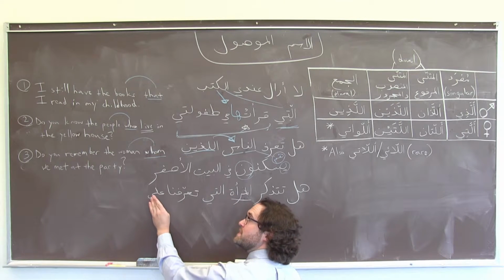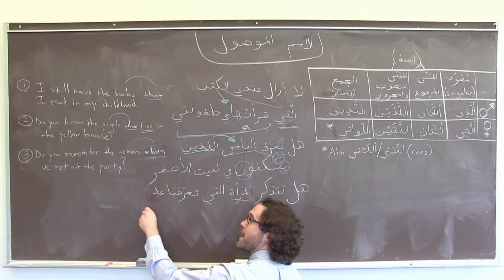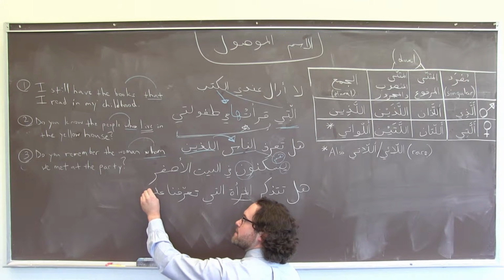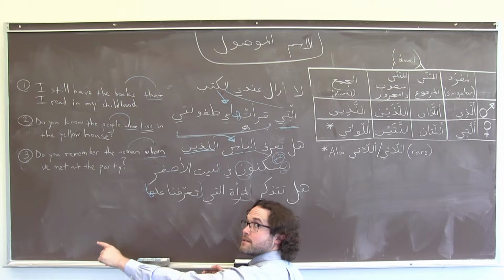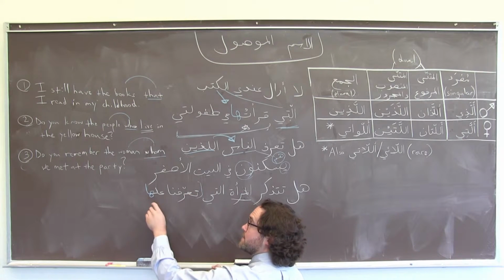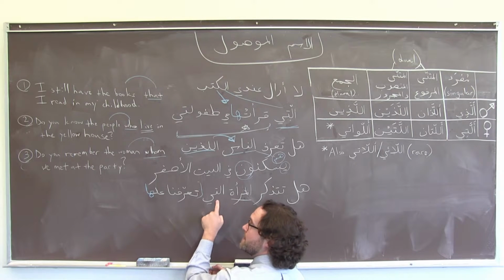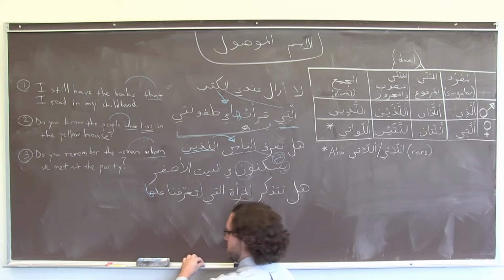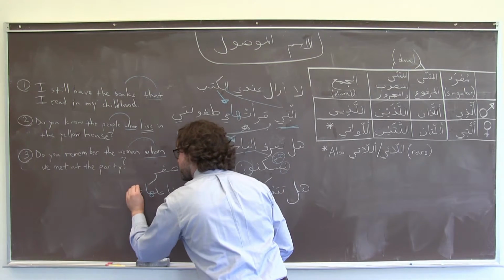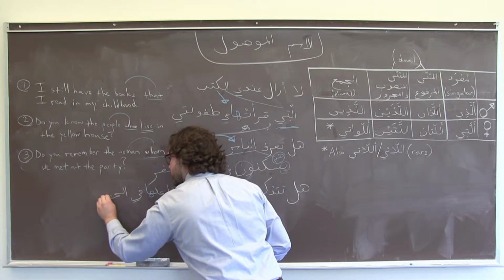So what we do is we take that preposition على and then we add the ha. So she is present in that second jumla فعلية, that second sentence. So we're literally saying the woman that, or the woman whom we met her at the party. في الحفلة.